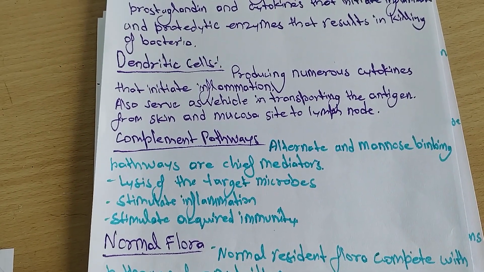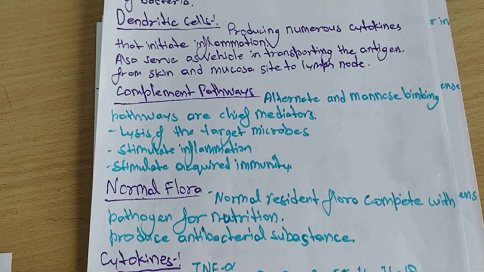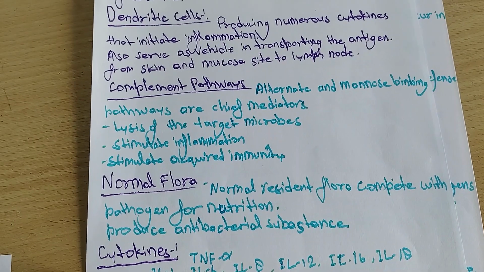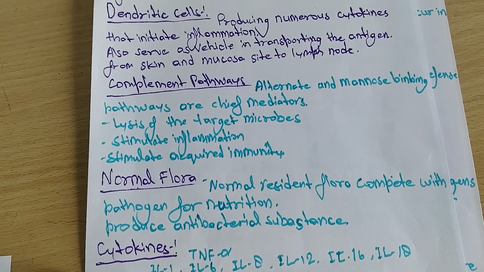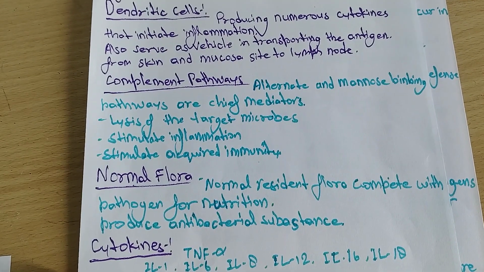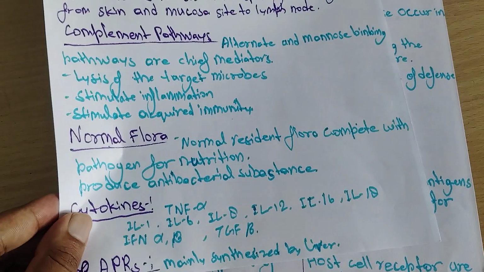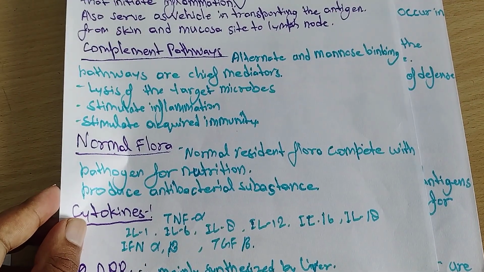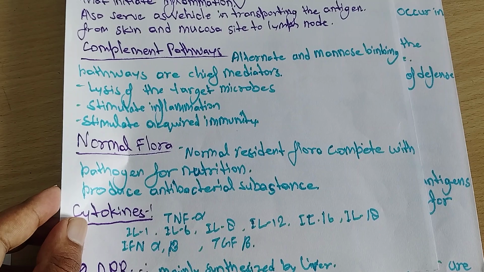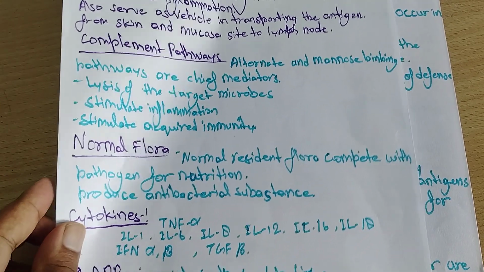Normal resident flora compete with the pathogen for nutrition and produce antibacterial substances. Cytokines involved in innate immunity are tumor necrosis factor alpha, interleukin 1, interleukin 6, interleukin 8, interleukin 12, interleukin 16, interleukin 18, interferon alpha and beta, and tumor growth factor beta.